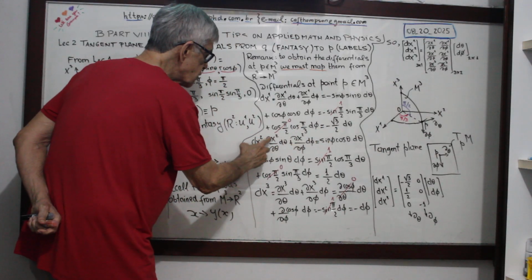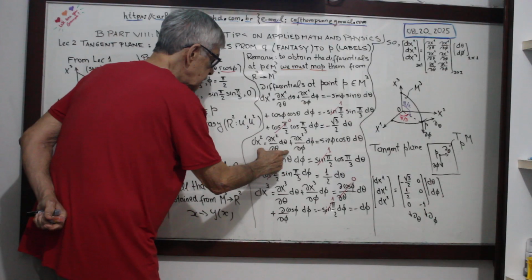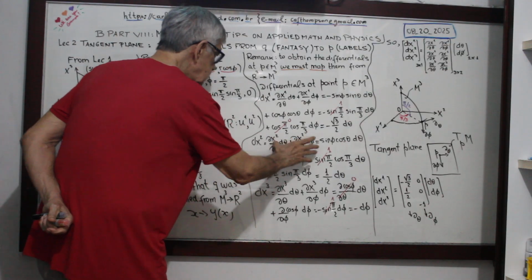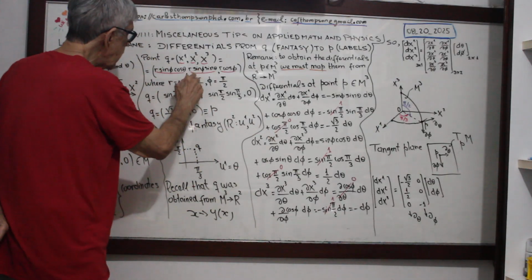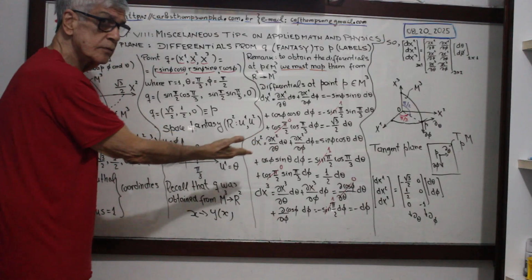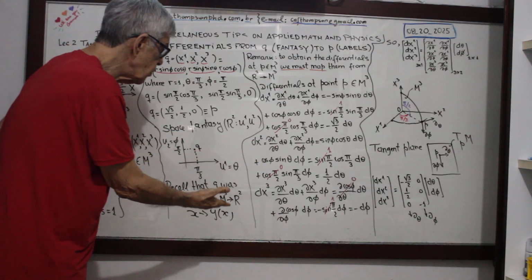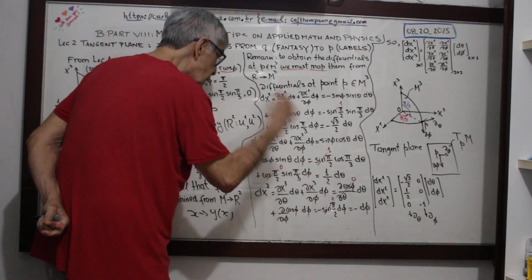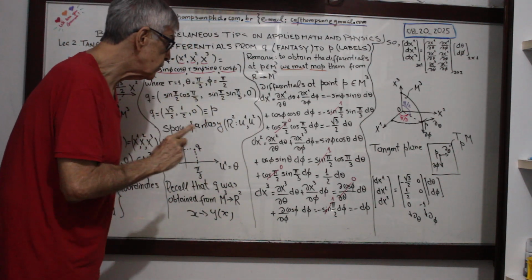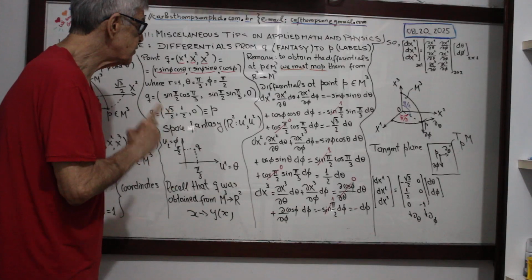The same, dx2 is partial x2 with respect to theta, d theta, plus partial x2 with respect to phi, d phi. Again, I look at x2, r is equal to 1, and just take the partial derivative, which is clear. So I can write this and substitute the point. Attention now, you substitute the point Q in this case.